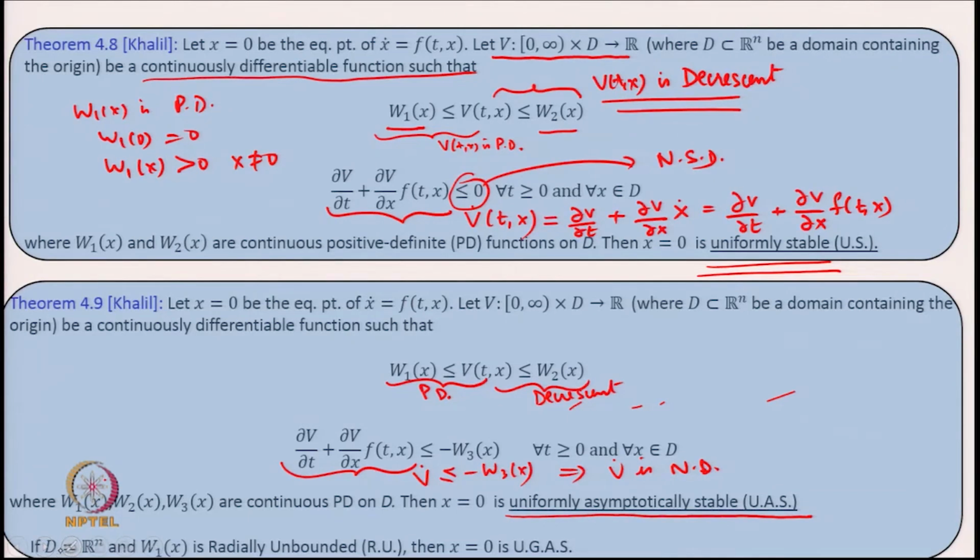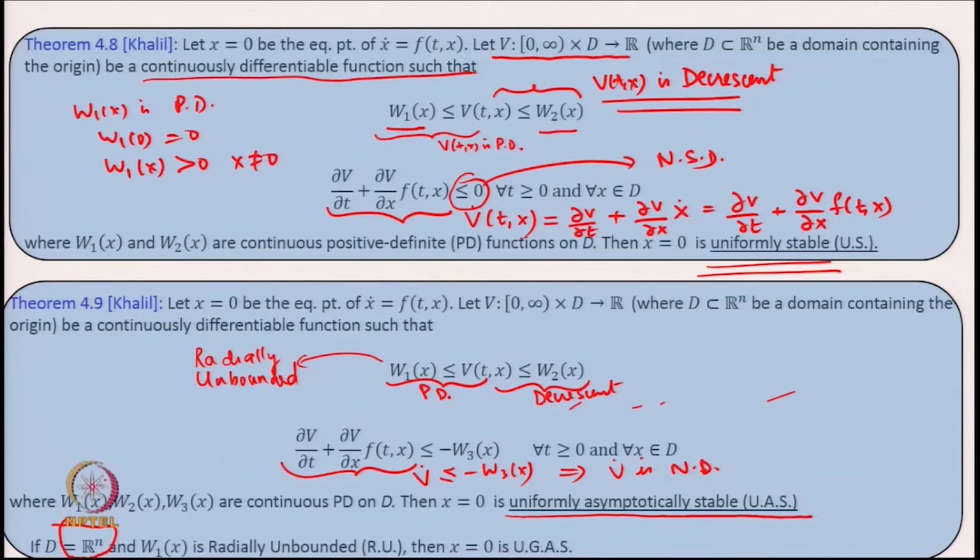That means, if this domain D is the entire state space and the function W1 is radially unbounded, then the equilibrium point is uniformly globally asymptotically stable. So, the fact that W1 is radially unbounded and the domain D is the entire state space suggests that we could include the notion of global stability here along with UAS.